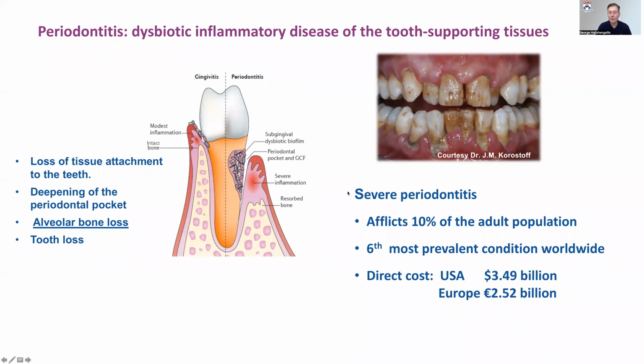In its severe form, periodontal disease affects 10% of the adult population. In fact, it is the sixth most prevalent condition worldwide, and it has a tremendous expenditure, both in the USA and Europe and elsewhere in the world.